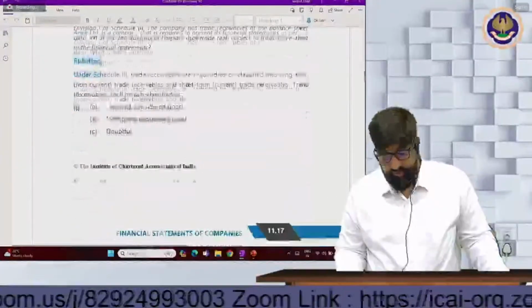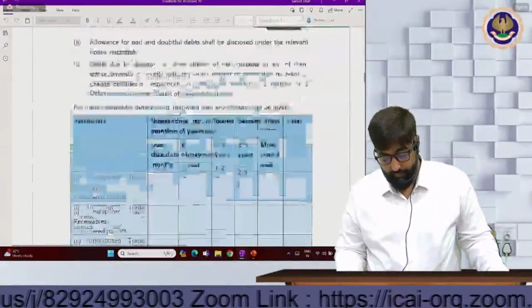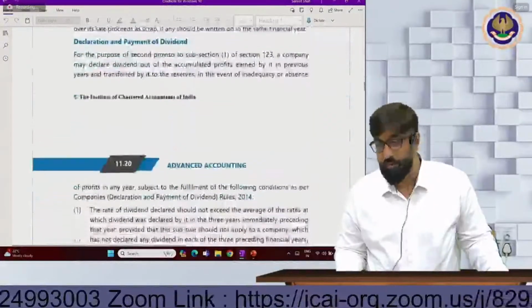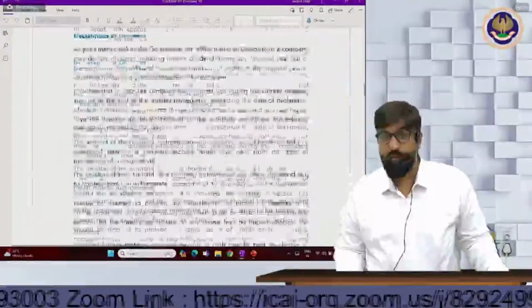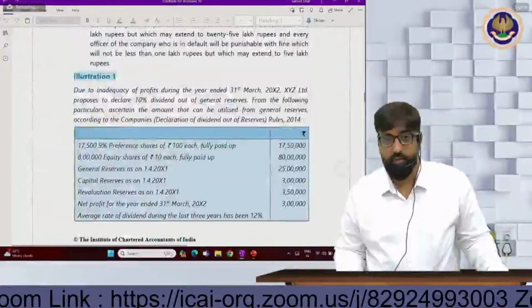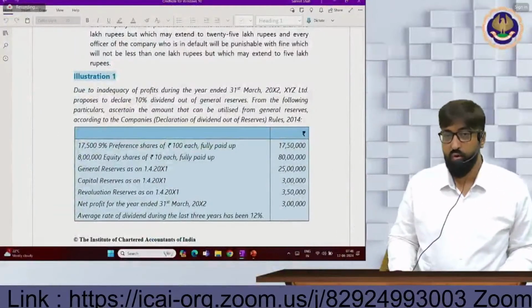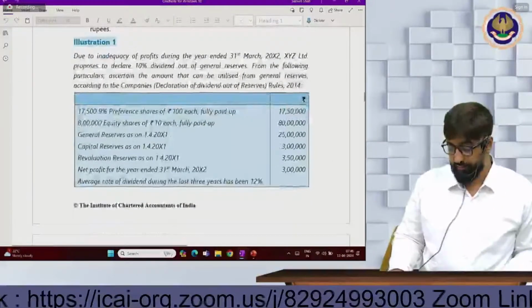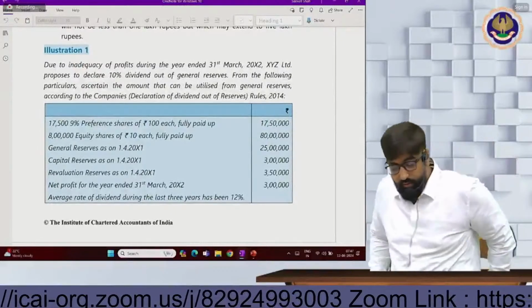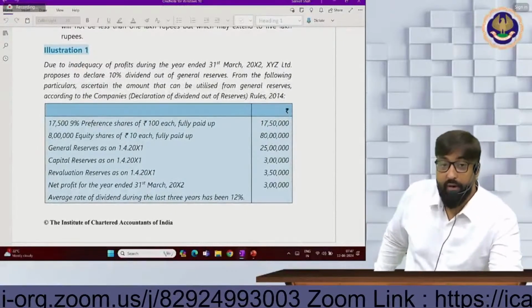So these 6 examples are there. You can go through these examples. Now I'm not going to take each and every because it's not possible. I will take only important questions over here. So this is the first question where you will get this information about dividend.